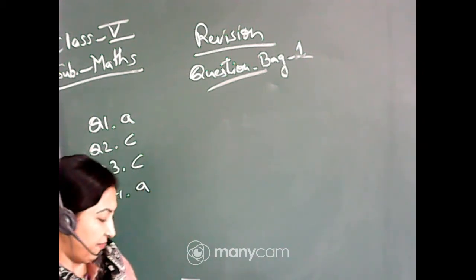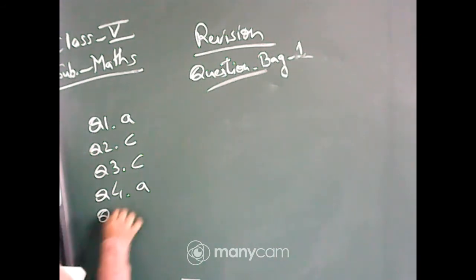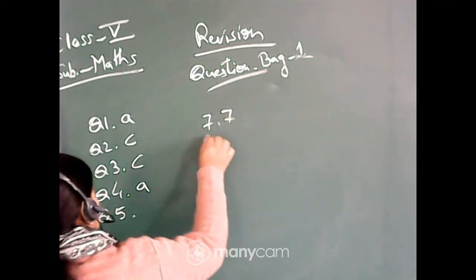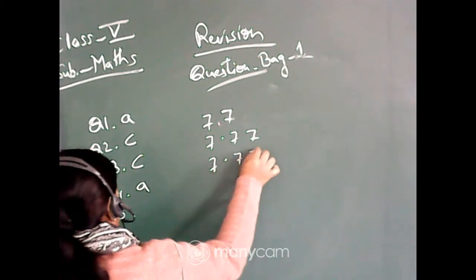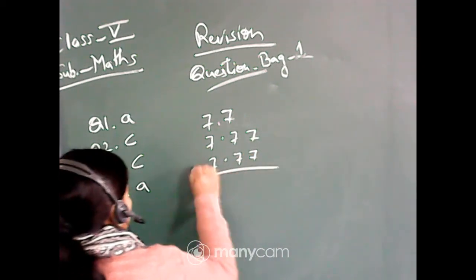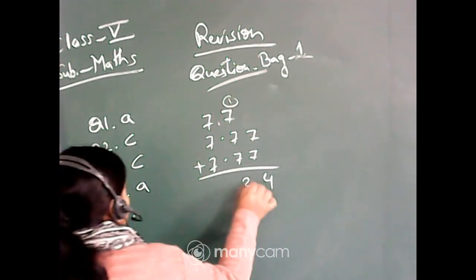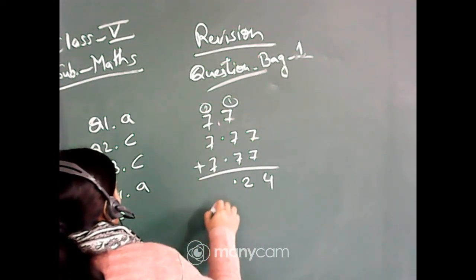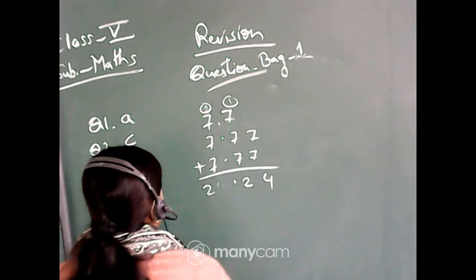Similarly, question number 5. 7.7, 7.77 and 7.777. That means you have to add. Let us add 7.7, then 7.77, and the next one, 7.777. So add: 7 sevens are 49, carry 4. 7 sevens are 49 plus 4... sorry, it is 23 because 2 is there.